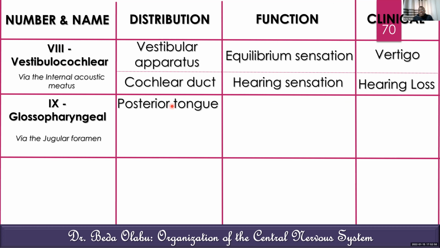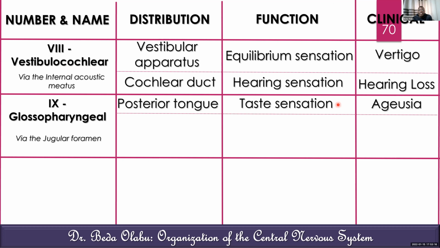Some fibers come from the posterior third of the tongue to the brain, and this is the one that mediates taste sensation from the posterior 1/3 of the tongue. Remember, the anterior 2/3 was by the chorda tympani of the facial nerve. Posterior 1/3 of the tongue by the glossopharyngeal nerve. And so if it's injured, you lose taste sensation from that particular region of the tongue.